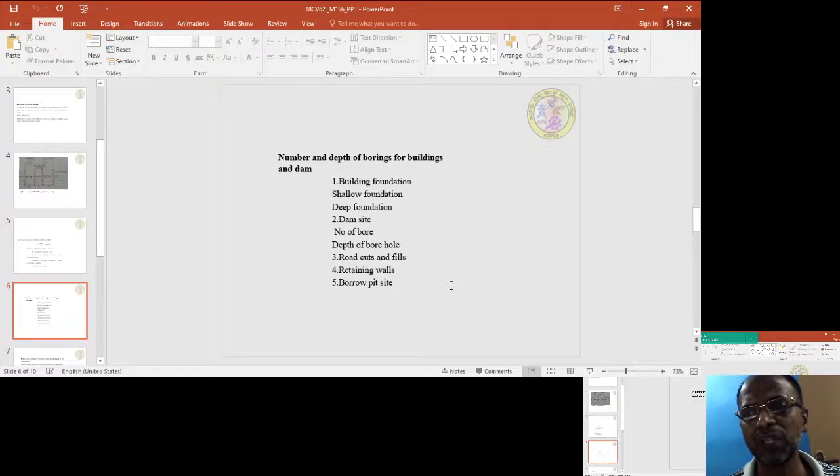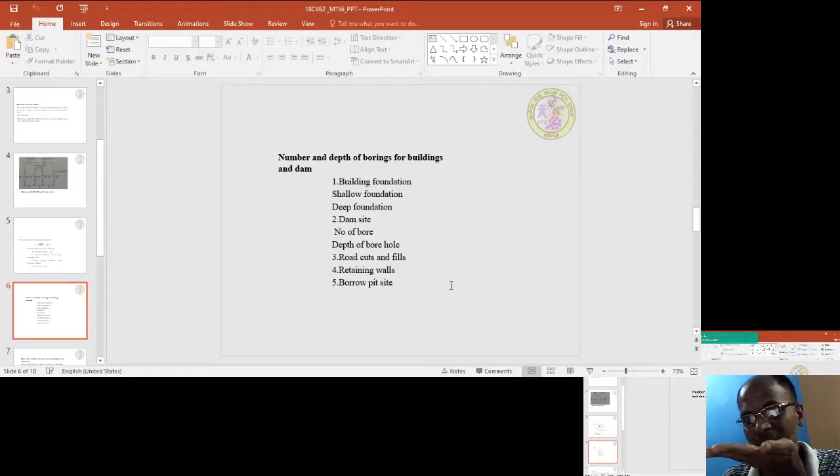So coming to the number and depth of borings for buildings and dams. Before that, whatever structure we construct, when we apply load on the structure, the load will transfer onto the soil up to a certain depth and up to a certain radius from the center line of the applied load.